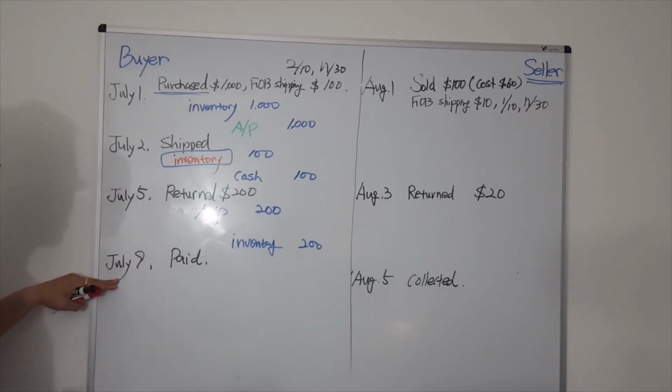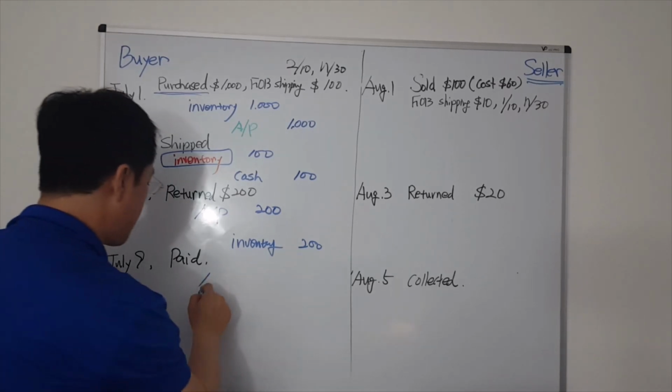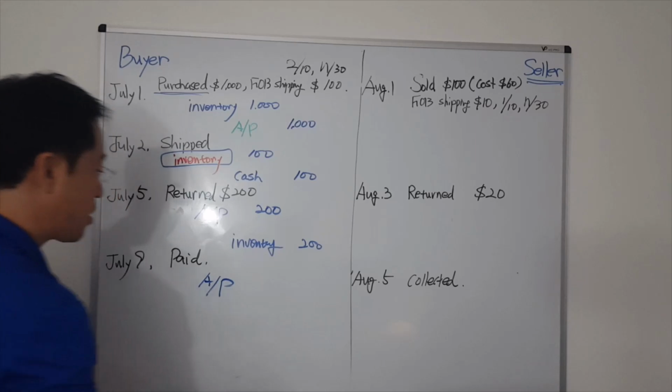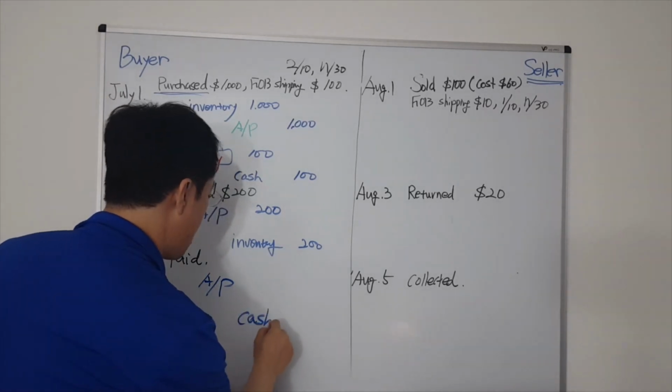And then I made a payment, July 9th. So definitely I paid cash. I don't have accounts payable anymore, so decrease accounts payable, then cash. How much?